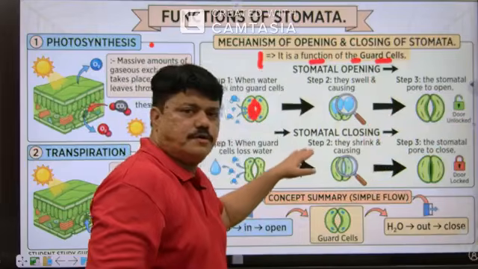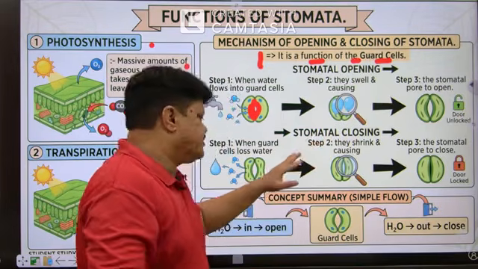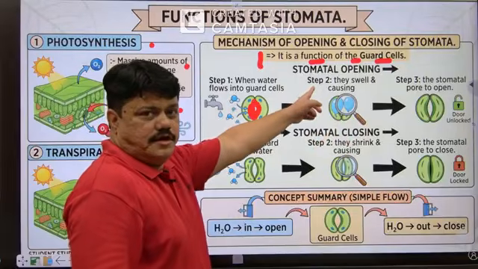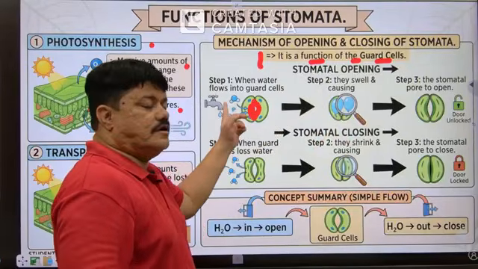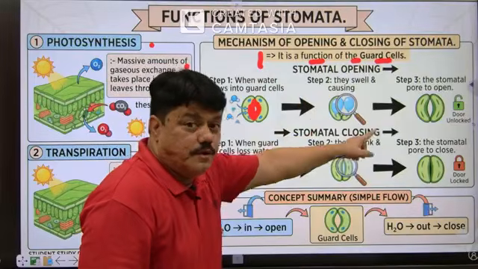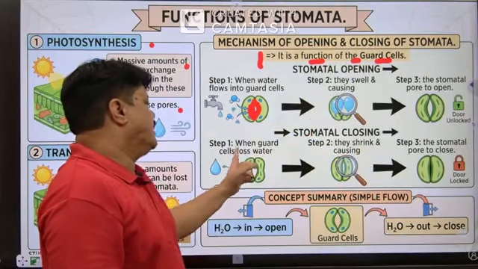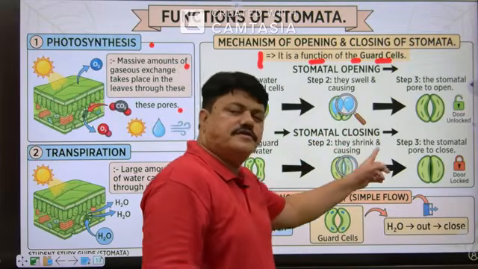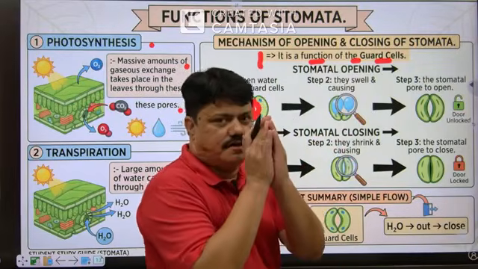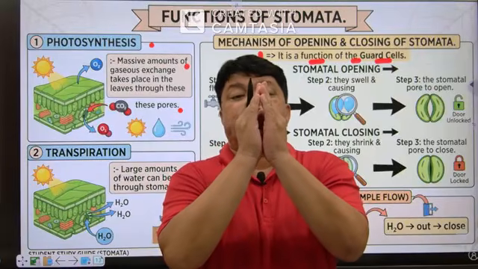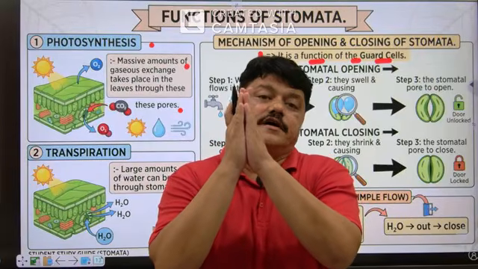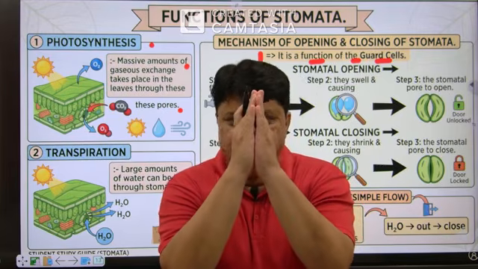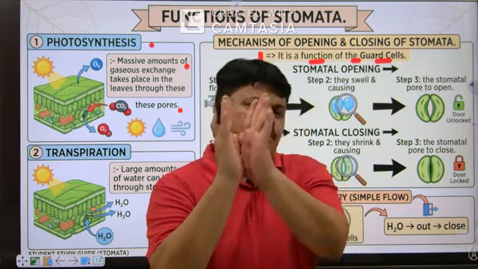Now, closing of stomata is exactly the reverse process. In opening, water flows into guard cells. But during closing of stomata, when guard cells lose water, instead of swelling up they shrink, causing the inner walls of guard cells to come in contact with each other, and slowly the stomata get closed.